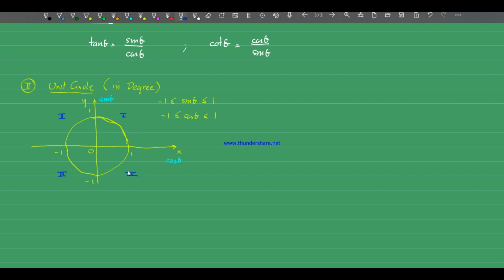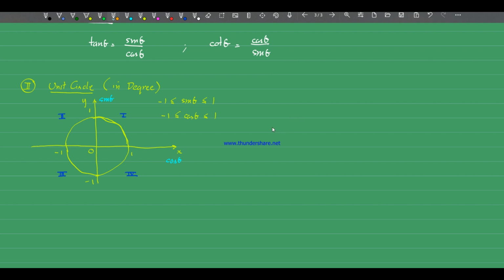Now we want to see the sign of each trigonometry function in each quadrant. I'm going to put it in a different color so that you know this is important. You don't need to memorize the table. Actually, you just need to memorize the unit circle and how I get it. But if some students still don't get it, then you need to memorize the table.